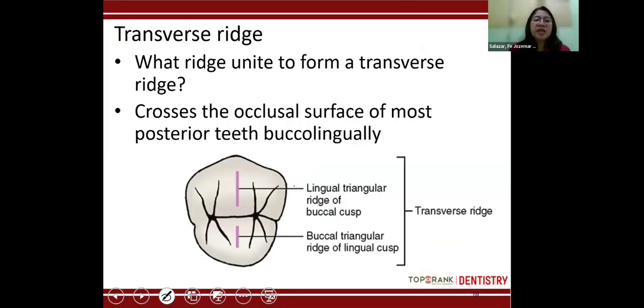Now, transverse ridge, okay, is the union of two ridges. What ridge unite to form a transverse ridge? Triangular ridges. So when two triangular ridges unite, you form a transverse ridge. So since nag-unite silang dalawa, this ridge will now cross the occlusal surface of most posterior teeth bucco-lingually.